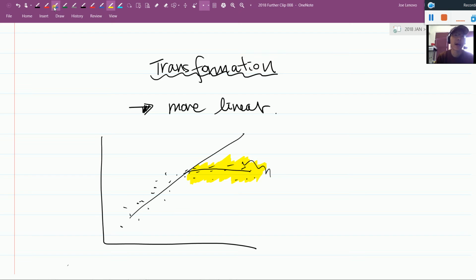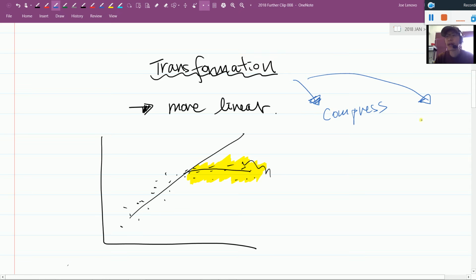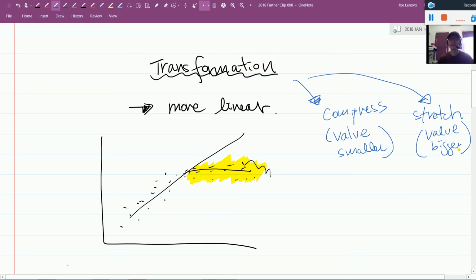In terms of a graph, for all transformations, we generally have two actions. One action we call compress. The other action we call stretch. For compressing a graph, we basically try to make the values smaller. For stretching the graph, we try to make the values bigger. So stretching is making bigger and compressing is getting down.